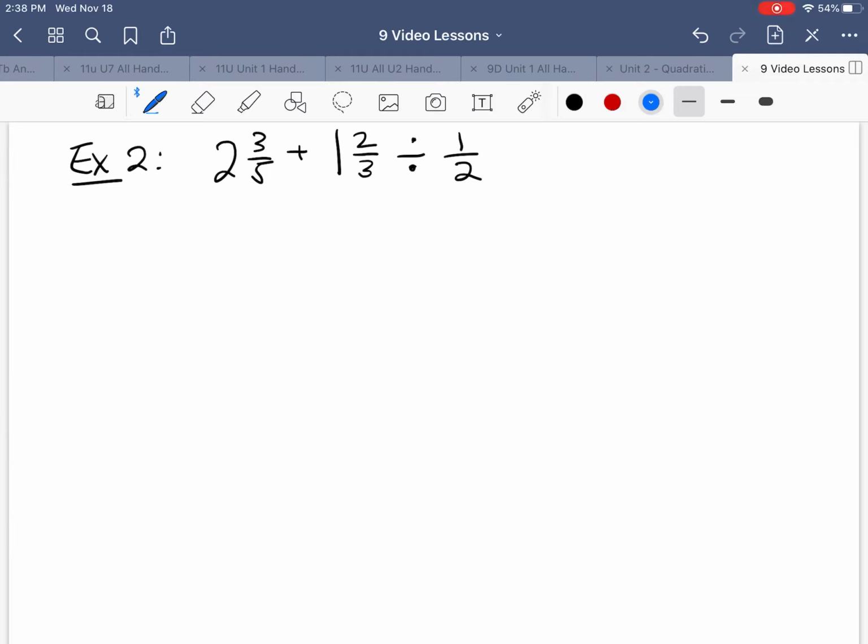So my first step here, aside from noticing that we have addition and division, is going to be to change my mixed fractions into improper fractions. So 2 3/5 gets changed into 13/5, and 1 2/3 gets changed into 5/3.